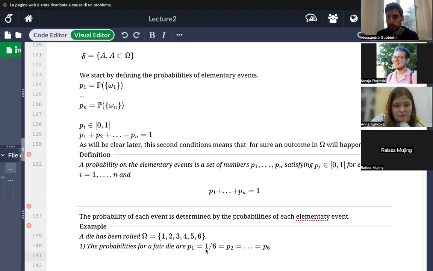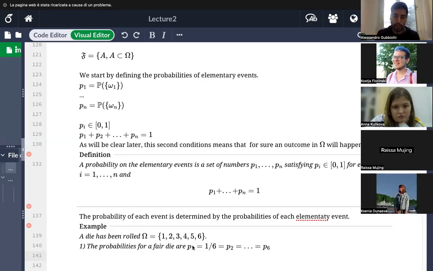Because every outcome is equally probable. There is no face of the die which is more likely to arise. It's like a symmetric die. Every outcome is equally probable.